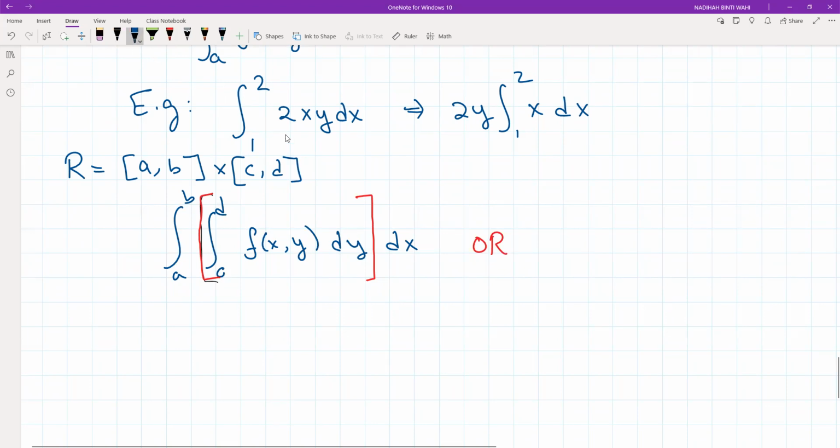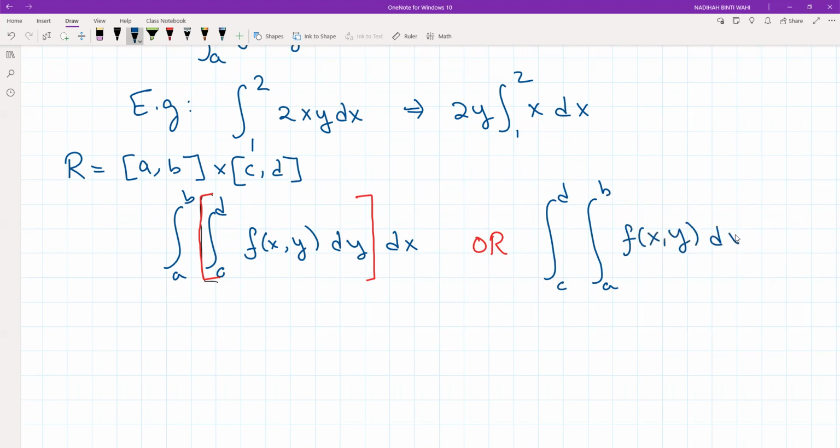I can also do something like this. Sebab saya kata tadi, you can change dy dx or dx dy. You can also put from C to D in y, and then from A to B in x, f(x, y) dx dy. So in that case, apa kita buat?